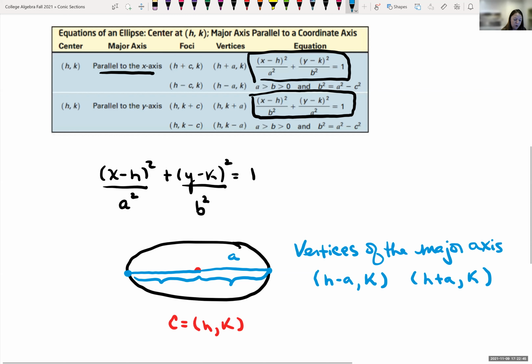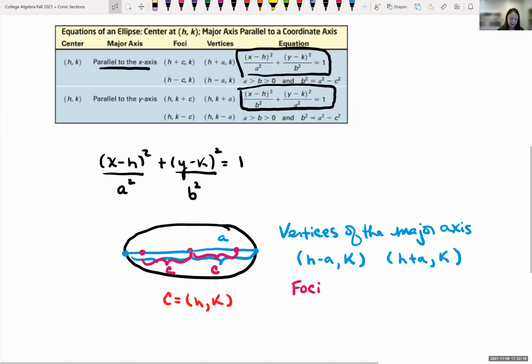The foci are always on the major axis. The length between the center and the foci is c. So for our foci, again, from our center, adding or subtracting c from our x value with a major axis parallel to the x-axis would give us our points.